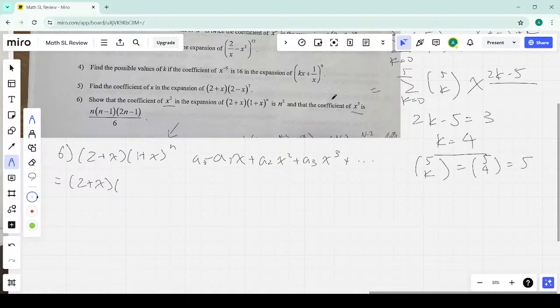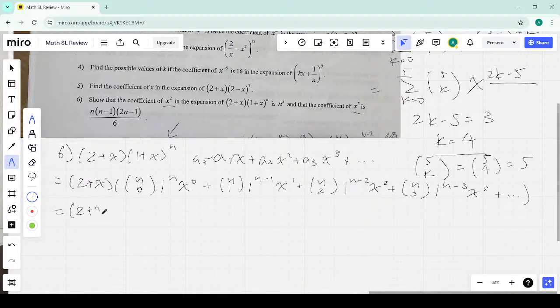Then you have, using the binomial theorem, n choose 0, 1 to the power of n, x to the power of 0, plus n choose 1, 1 to the power of n minus 1, x to the 1, plus n choose 2, 1 to the power of n minus 2, x to the power of 2, plus n choose 3, 1 to the power of n minus 3, x to the power of 3. And there's more terms after that, but I don't really care, because it's not going to influence the coefficient of x squared or x cubed in the final result.